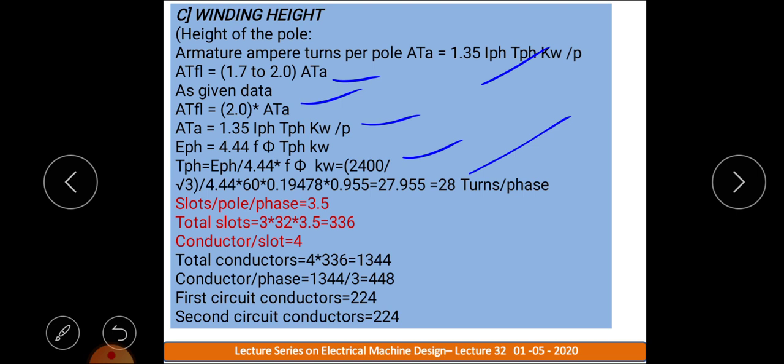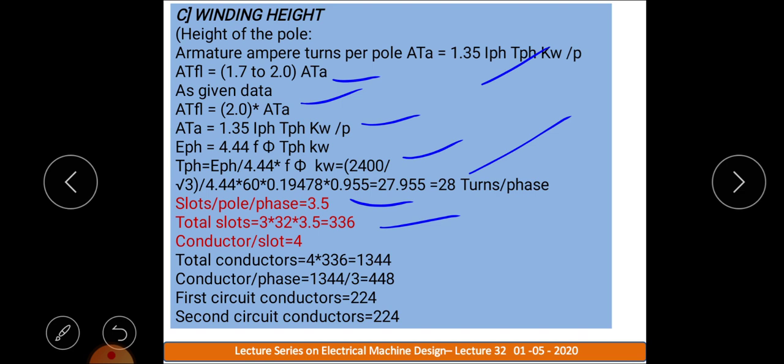Now the next step: slots per pole per phase, this is given data. So we are going to calculate total slots equal to number of phases, which is 3, total number of poles is 32, and the slots per pole per phase is 3.5. So we multiply it by 3.5.